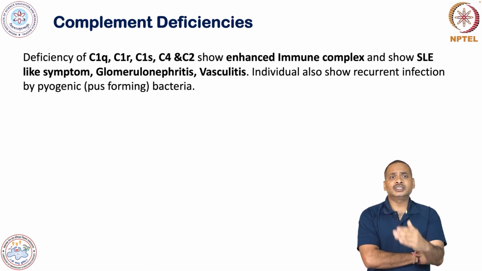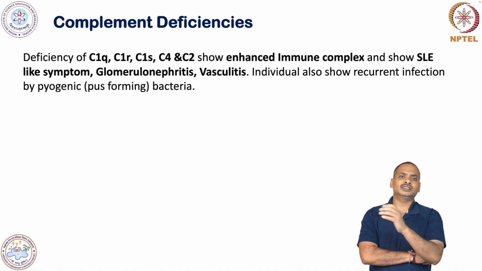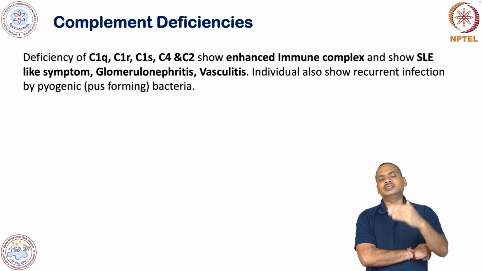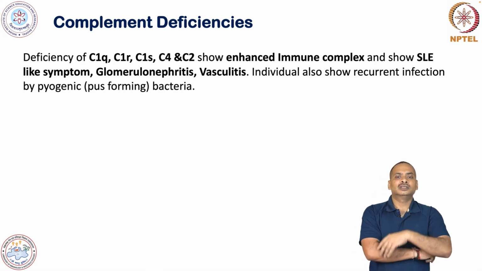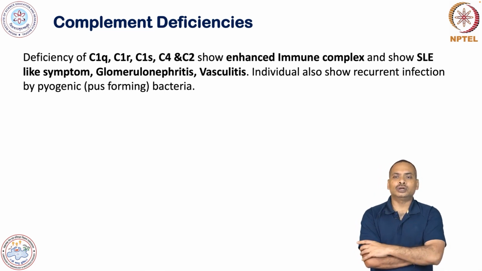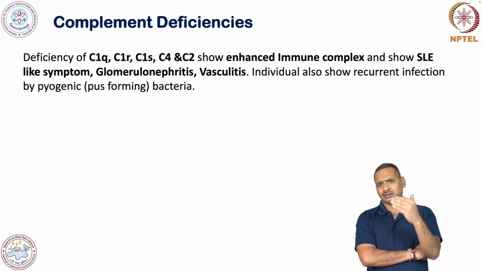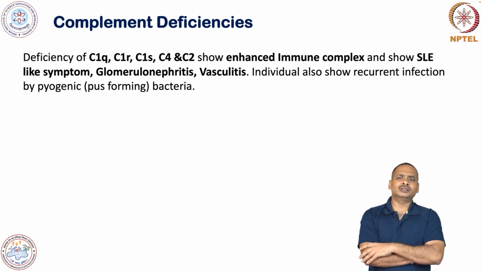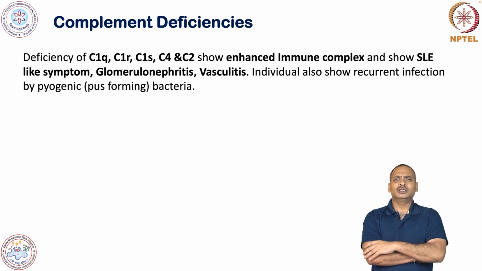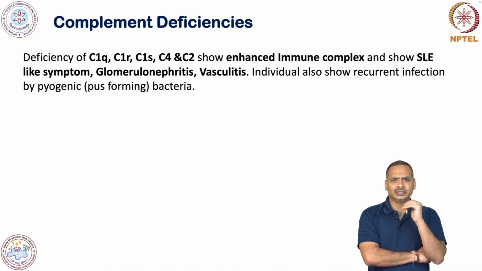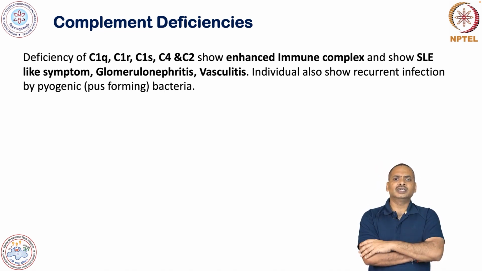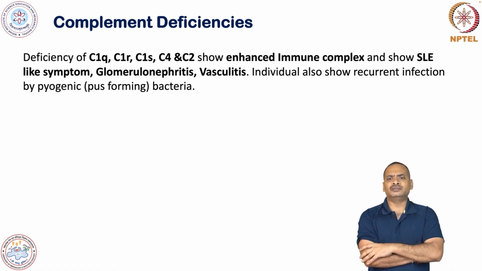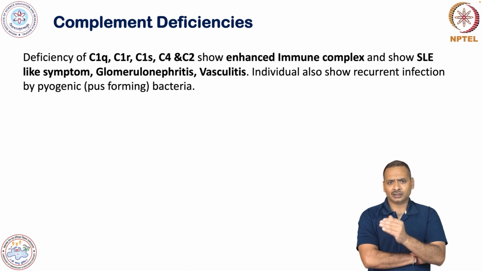Deficiency of C1q, C1r, C1s, C4 and C2 results in enhanced formation of immune complexes, and this results in SLE-like symptoms, glomerulonephritis, vasculitis, and recurrent infection with pyogenic bacteria.